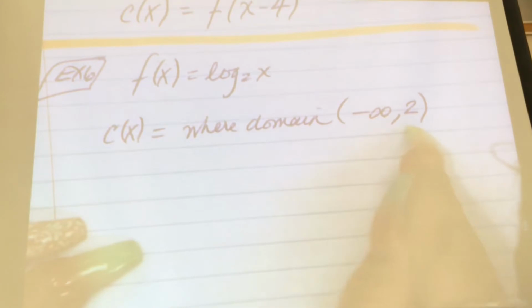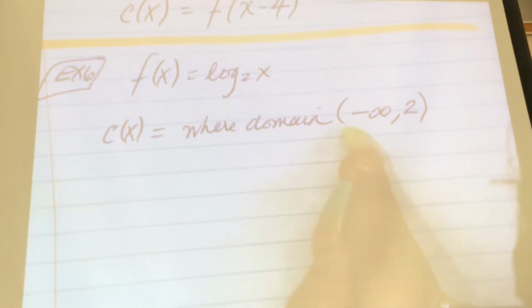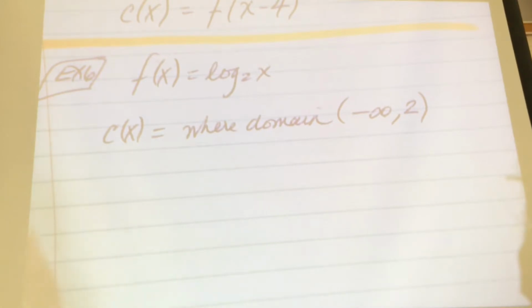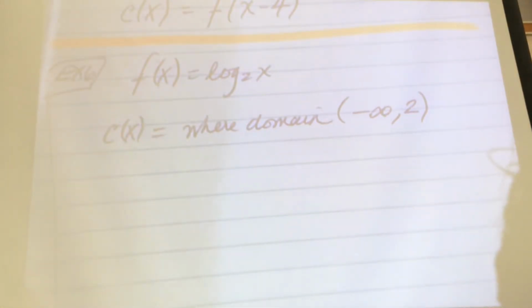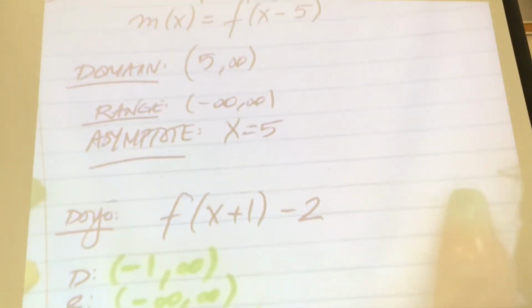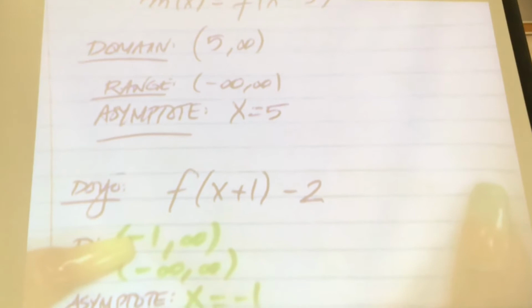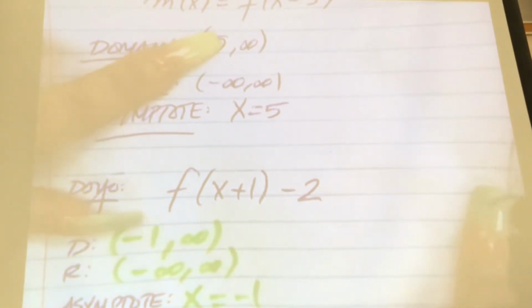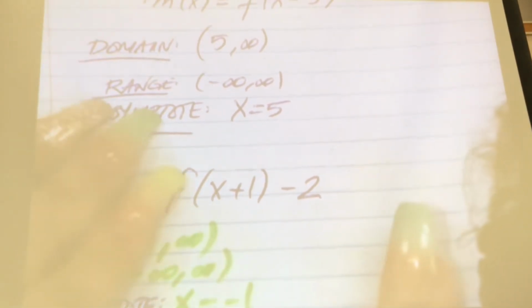So the 2 has a role, and so does that negative infinity. Yesterday I had an example where my domain was on the negative side because it got reflected. You guys remember that? So these had a domain of -1 to infinity. Here I had 5 to infinity, 0 to infinity.